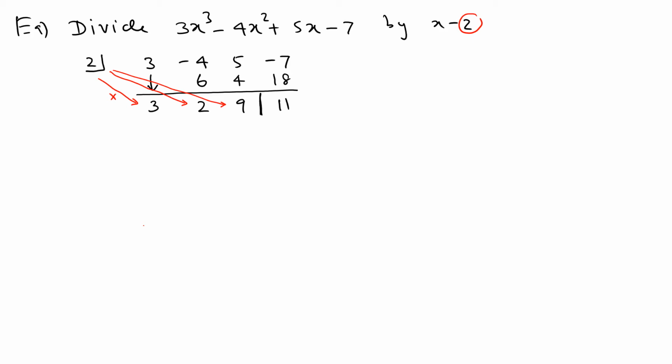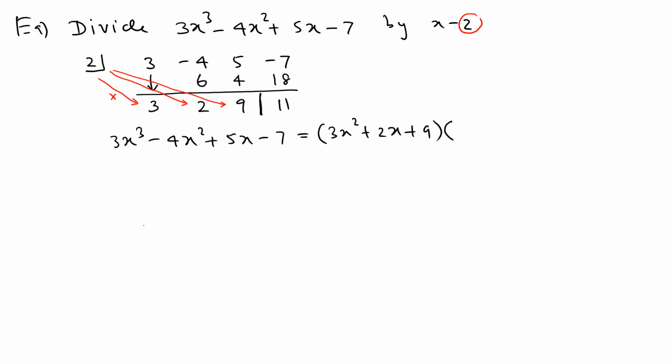So that's it. That means if you divide the polynomial by x minus 2, you get a quotient of 3x squared plus 2x plus 9 plus a remainder of 11. So you can write this in this form: 3x cubed minus 4x squared plus 5x minus 7 equals the quotient first, 3x squared plus 2x plus 9, because those are the coefficients.